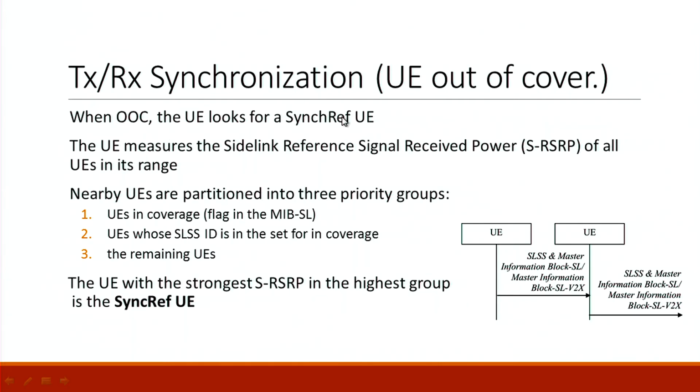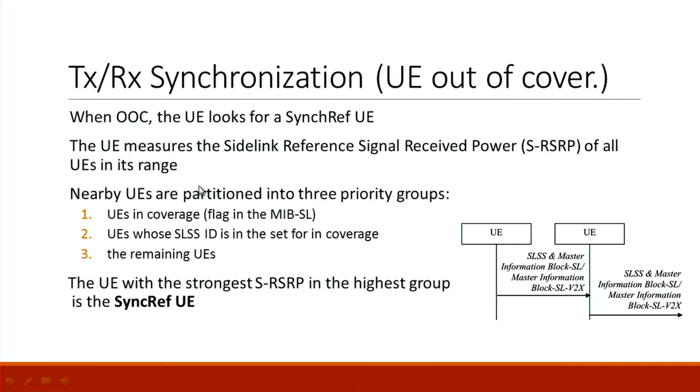If you're out of coverage, then you will look for a suitable syncref UE. Which one will you use? First of all, you will listen to cars around you who are sending out a signal saying, I want to be a syncref UE.